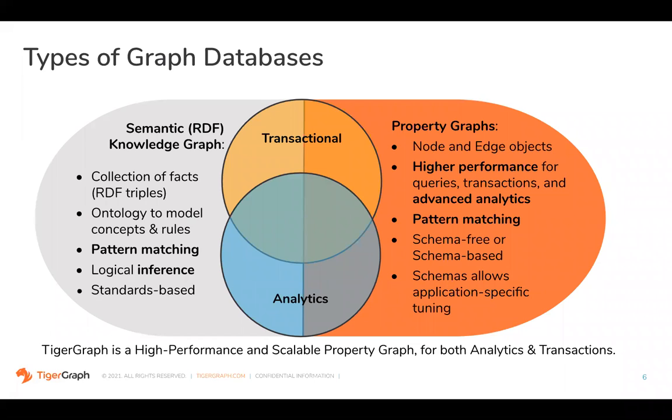Analytics is really emphasizing the computational workload, the ability to define and execute more complex analytics. And where TigerGraph sits in this space is we are a property graph. We are transactional and analytical, or hybrid transactional analytical. So a property graph excelling at analytics, also executing transactions.